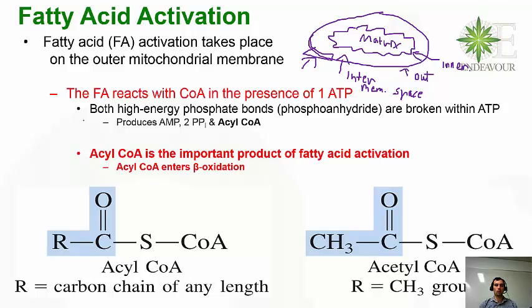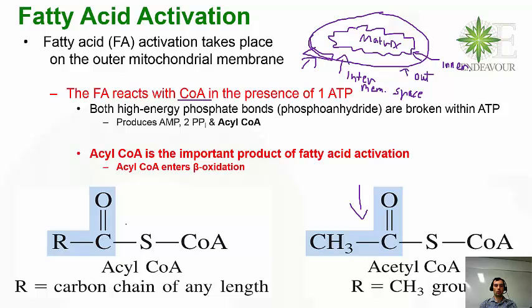So essentially what has to happen for the fatty acid to be activated is it has to attach to our CoA. So remember, we've seen CoA before in the form of acetyl-CoA. So the acetyl group, which we see here in blue, attaches to the CoA, and that allows the acetyl-CoA to enter the citric acid cycle.